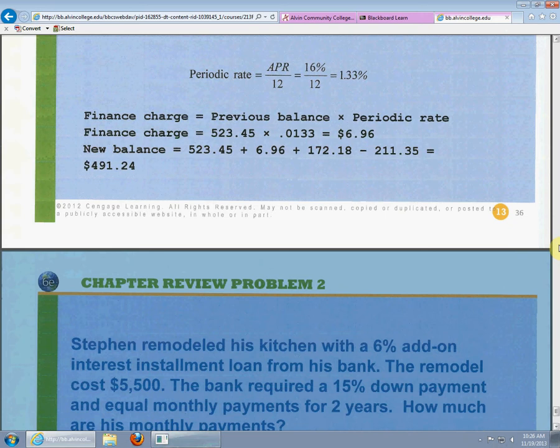So page 427. Bottom of the page, your steps.